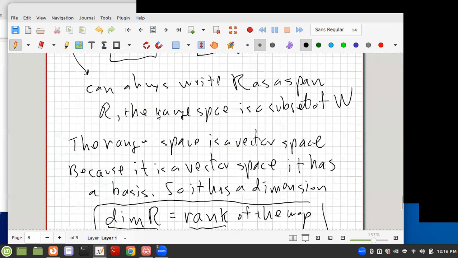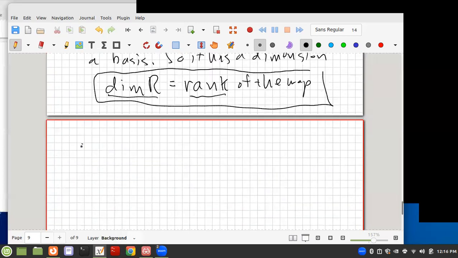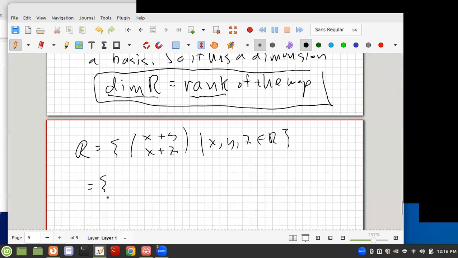So I'd look up here's R, and I'd say that R equals (x plus y, x plus z) such that x, y, and z are members of R. And then I'd write that as a span. The trick is you let y and z be 0, and that's x times (1, 1), factoring out the x. Then you pretend the other two variables are 0, and this would be y times (1, 0). Then do the same thing with z, pretending x and y are 0, and you'd end up with z times (0, 1).